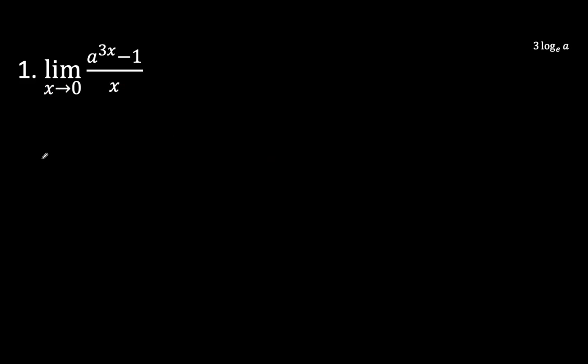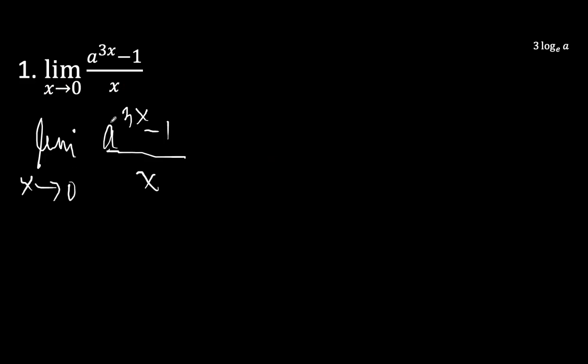So let's just change the color. So that's the limit of a raised to 3x minus 1 all over x as x approaches 0. Now, theorem 1 could be applied here whenever the denominator is equal to 3x. So we can multiply the denominator by 3, which becomes 3x.